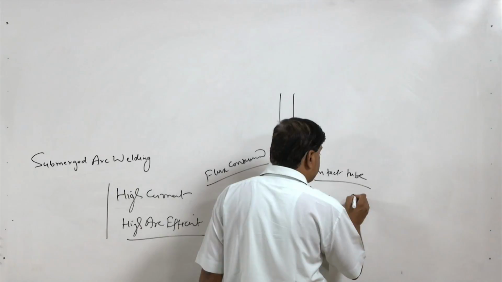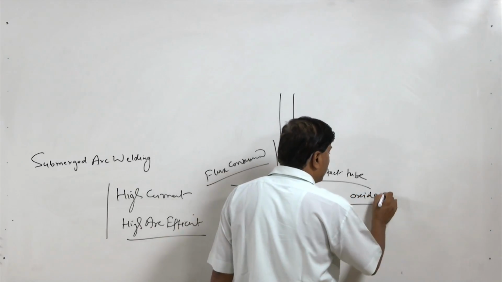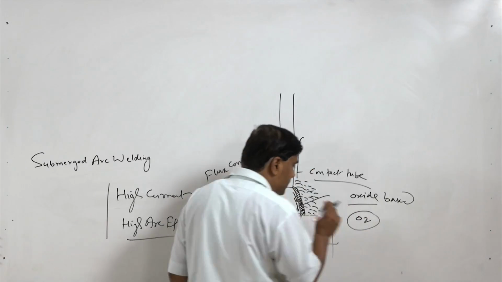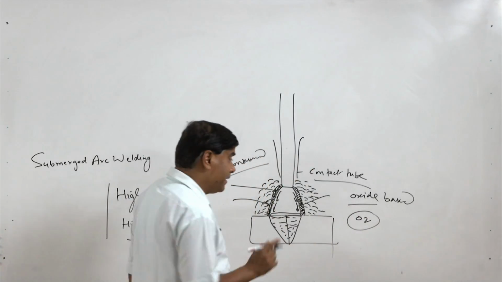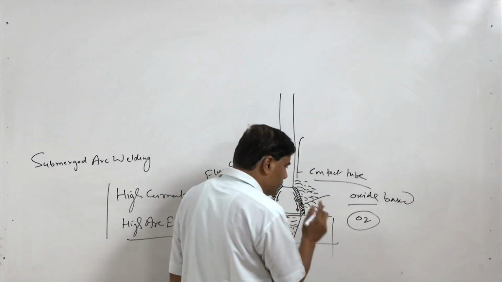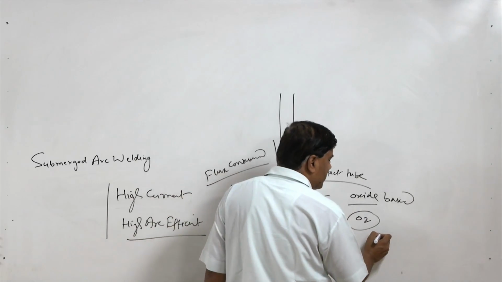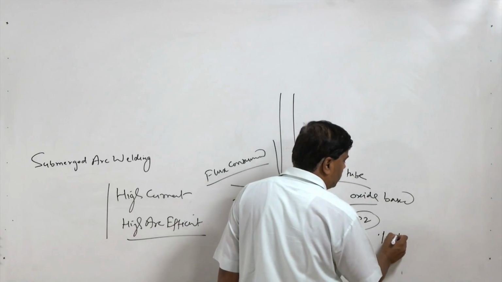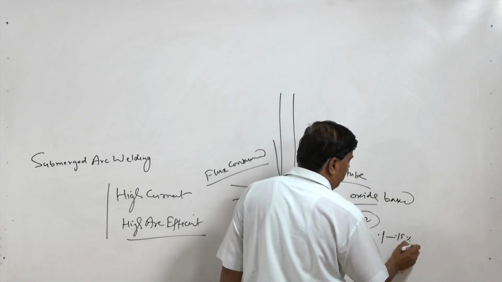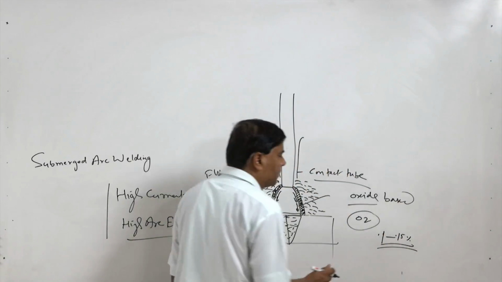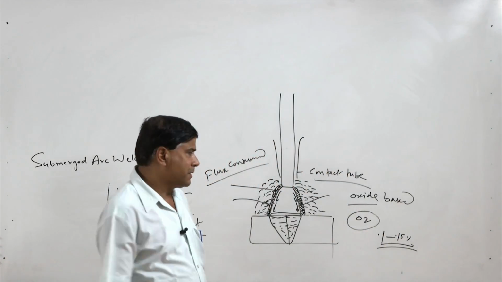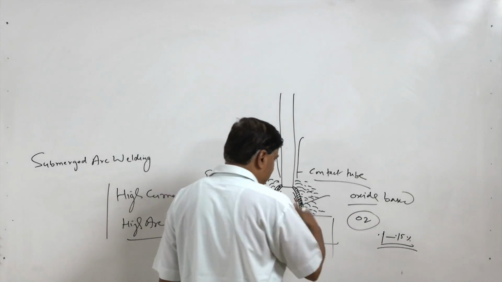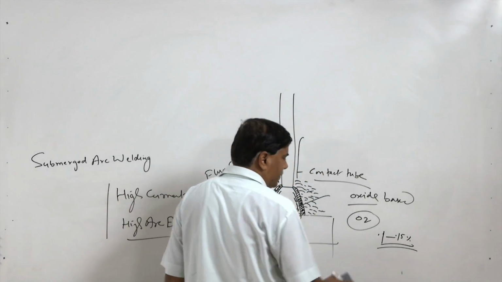Since most of these fluxes are oxide based, they impart a lot of oxygen to the weld, and therefore submerged arc welded joints normally have a much higher concentration of oxygen, like 0.1 to 0.15 percent, while the nitrogen content does not increase appreciably in the case of the submerged arc welding process.